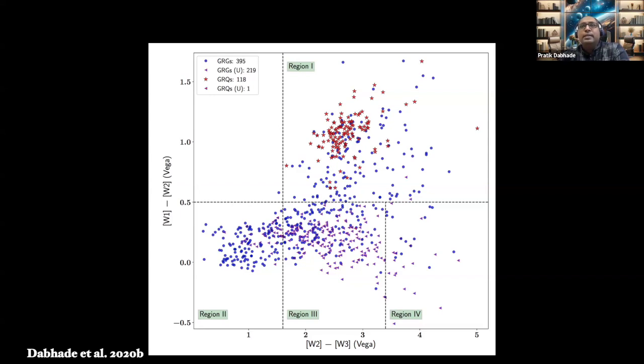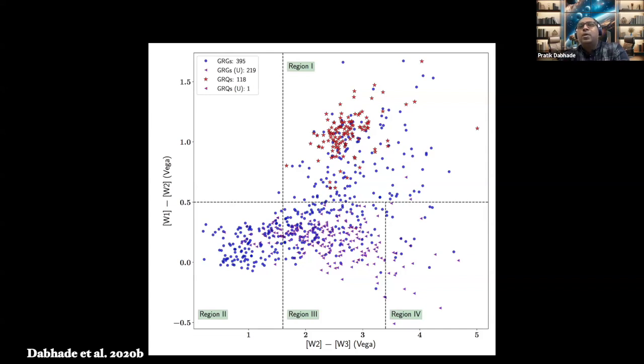Region 1 is populated with quasars and high excitation AGNs, which show prominent spectroscopic broad emission lines. Region 2 is mainly very low excitation AGNs. Region 3 is low excitation plus star forming, and region 4 is starburst or ultra-luminous infrared galaxies.